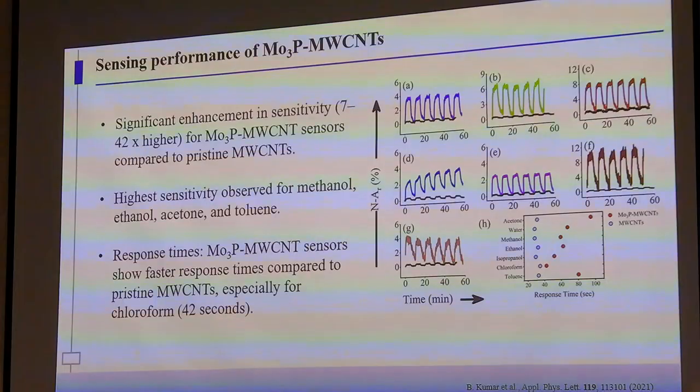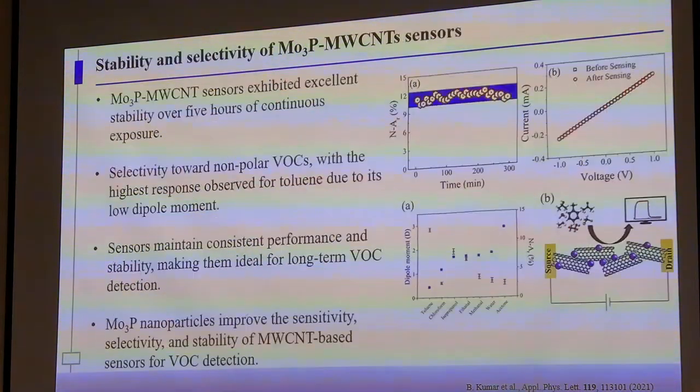The selectivity is not very good here, but compared to pristine CNT, they are pretty much better. They have at least 7 to 40 times higher sensitivity compared to the pristine multi-wall carbon nanotube network. And they are very stable too, up to 300 minutes with different cycles. The relative amplitude remains the same.